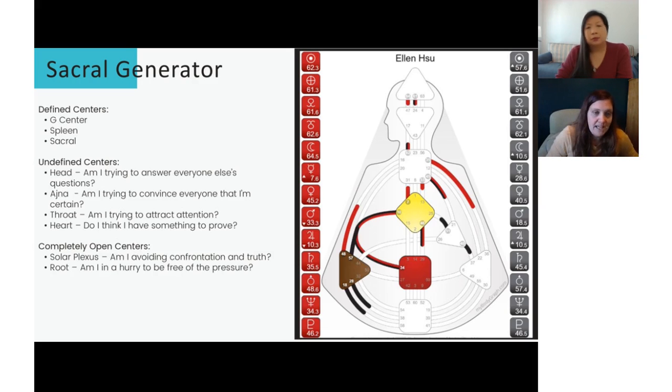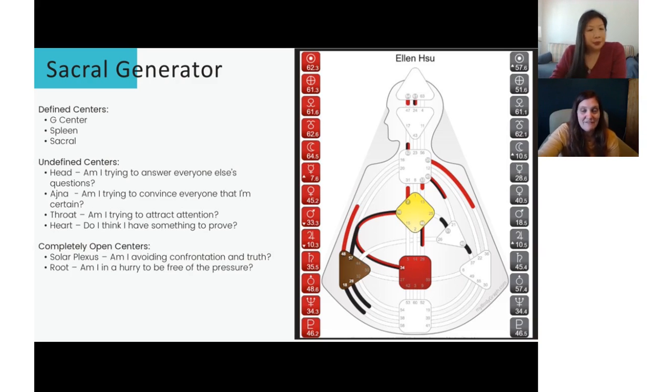So the not-self question here is, do I think I have something to prove? And I think especially when you have this one and you have the ajna that's undefined, this can be really intense. Does that make sense?